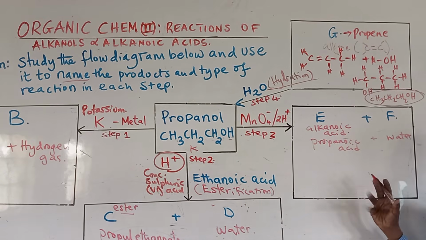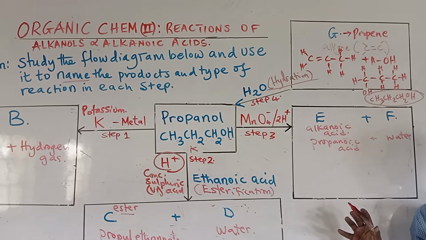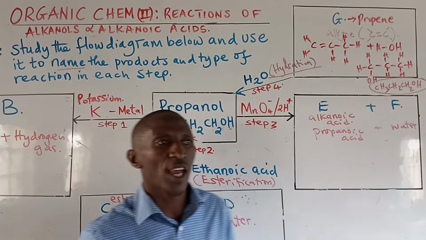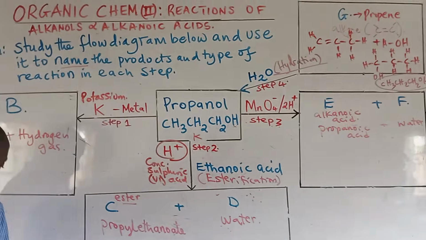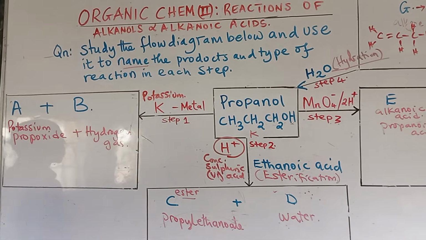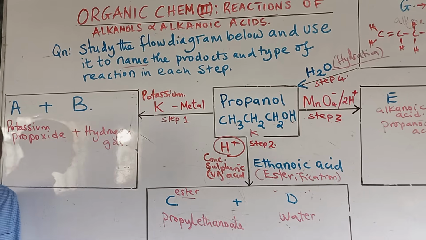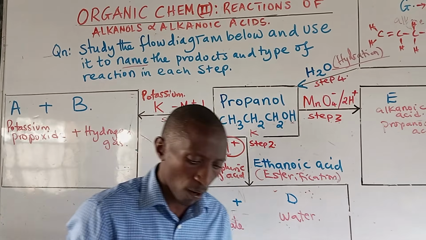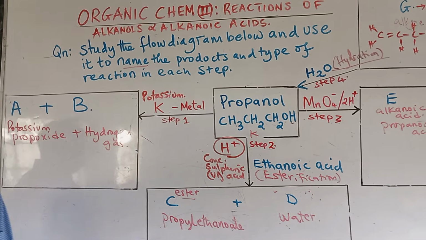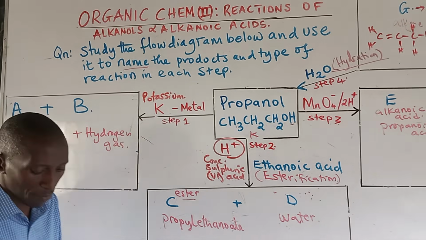So viewers, this has been a tip of what we are required to do, and I want to believe that if we were asked to write the formula of the respective compound, in this case, we will be able to write them down.